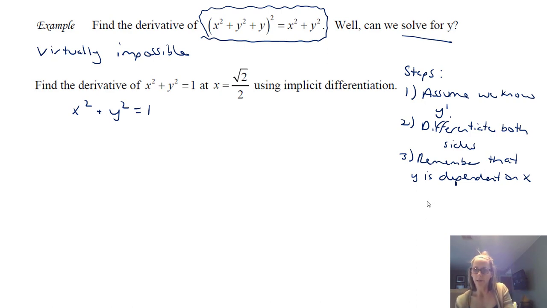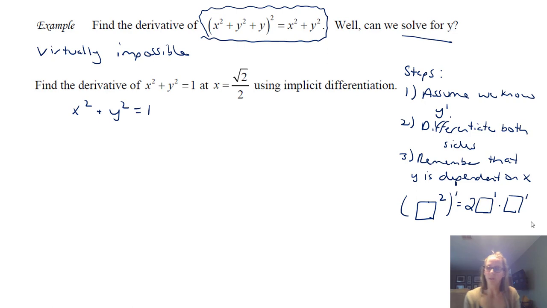If you had something squared and your job was to take the derivative of it, you would say, well, the chain rule tells me to bring down the 2, keep what I have the same, subtract 1 from the exponent, and then multiply it by the derivative of whatever that thing is. And that's the idea. The derivative of y is not 1. The derivative of y is y prime. And if you can remember that, you can do implicit differentiation.